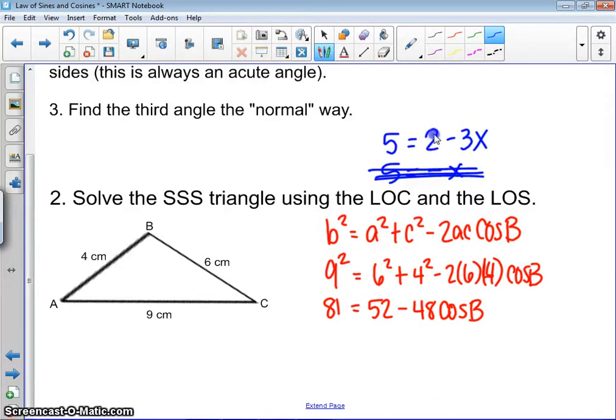We would solve this equation by subtracting 2 over. So I'm going to subtract 52 over. 81 minus 52 is just going to be 29. And so 29 equals negative 48 cosine B. Now to solve, I'm going to divide. So this would be negative 29 over 48 equals my cosine B. And to solve, I'm going to take the cosine inverse of that.